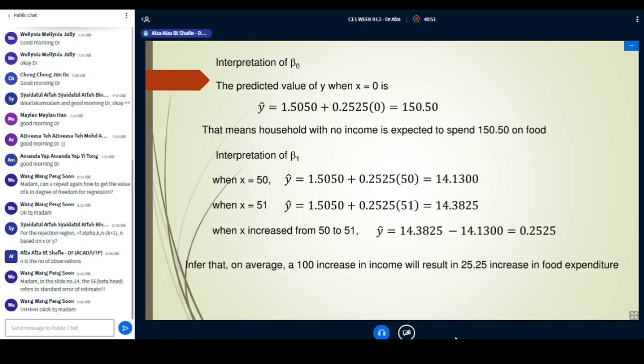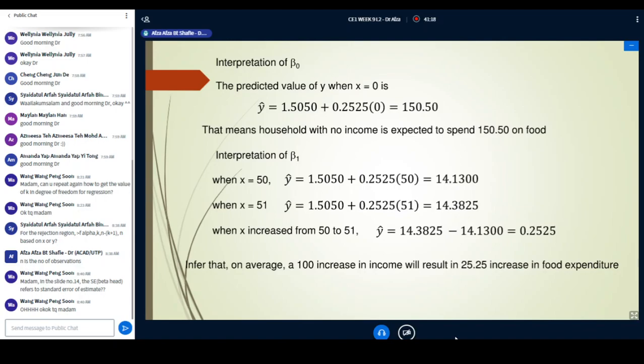I will have to test it first, but this is generally the interpretation of the equation that I get. So when my household has no income, the expected expenditure is 150.5. How do I get 150? Because the values in the table are in hundreds. So that gives me 150.5. So this is what it means.